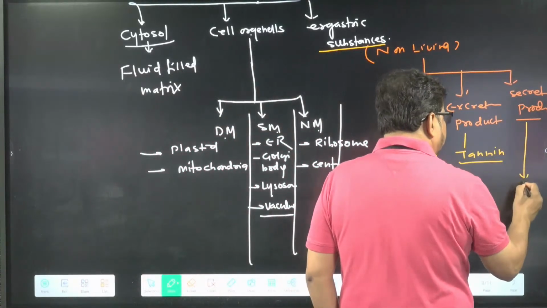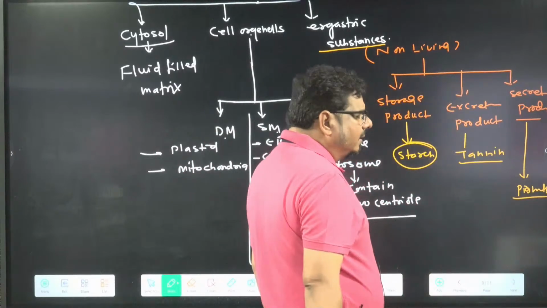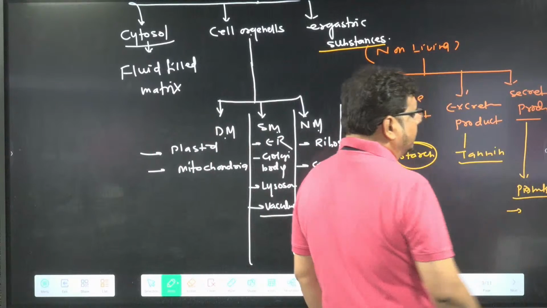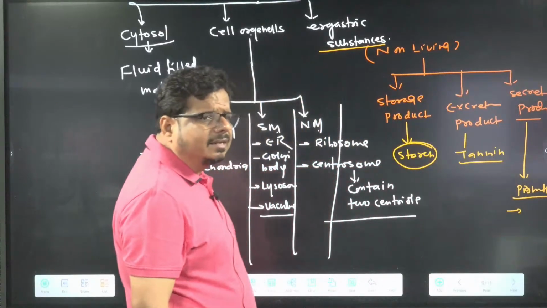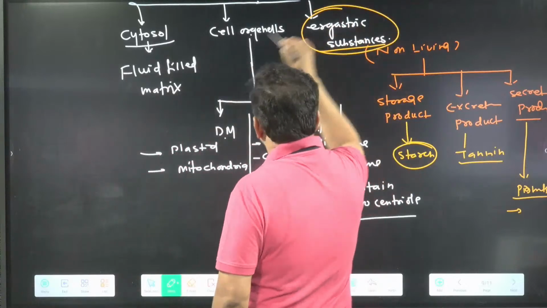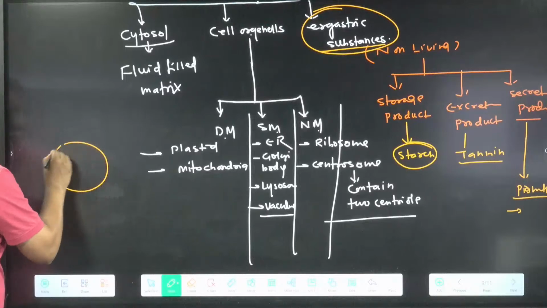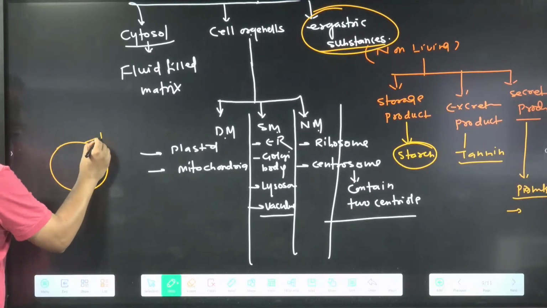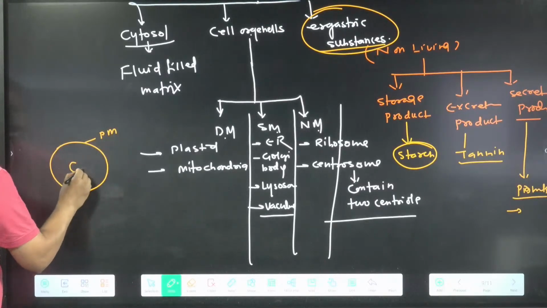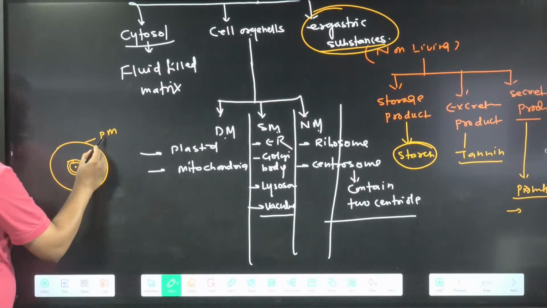Secretory products are pigments or nectars. These are secretory products of the cell. So they come under which one? Ergastic substances. Now I am drawing a diagram of a typical cell. Look here. This is the cell membrane or plasma membrane, and this is the nucleus.